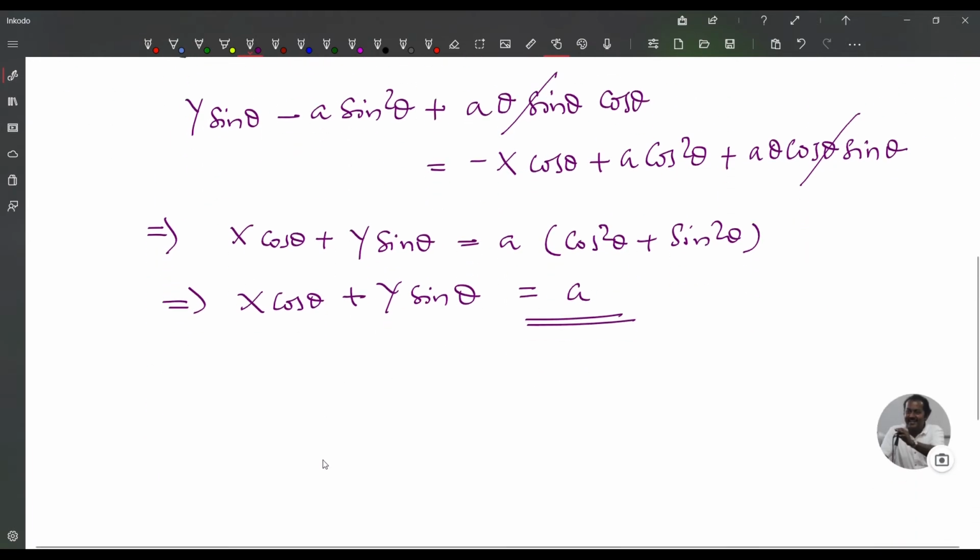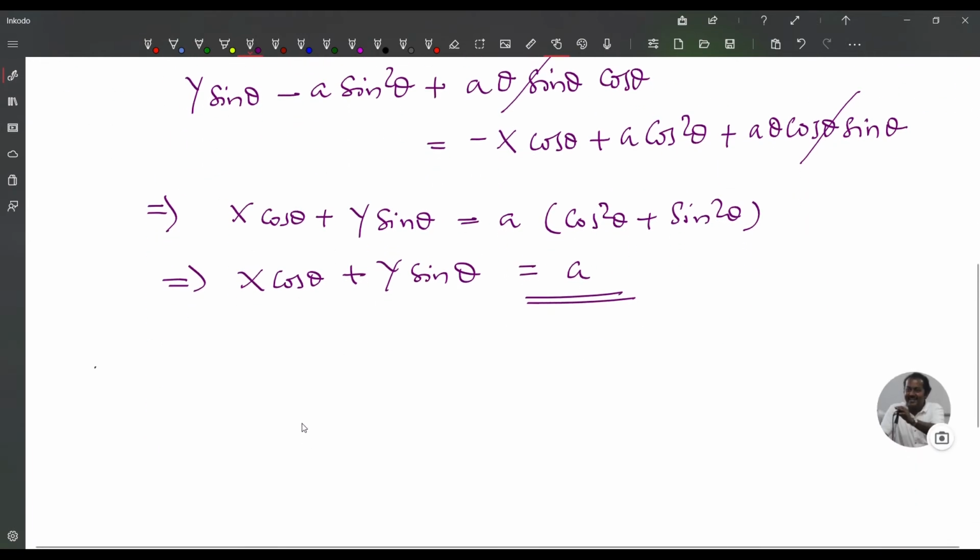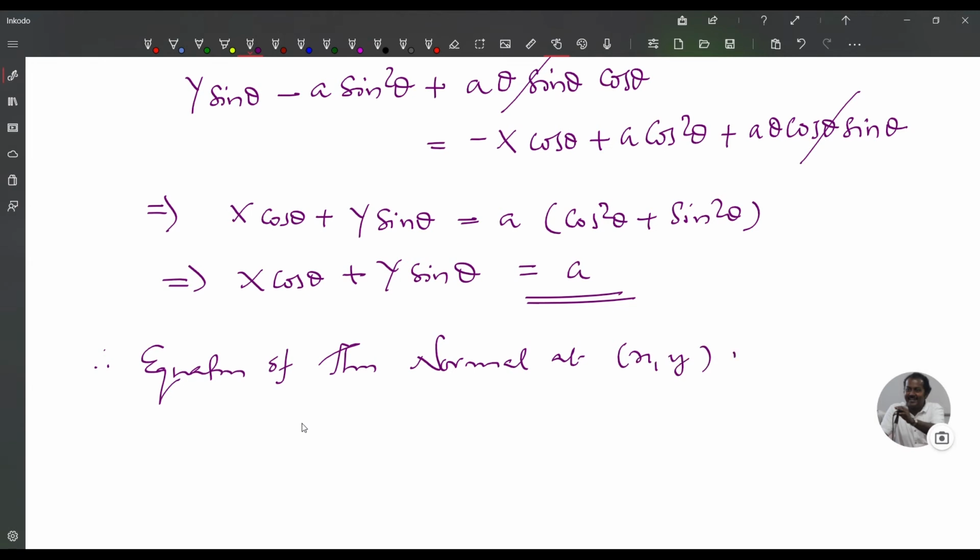Therefore, equation of the normal at (x, y) is x cos theta plus y sin theta equal to a.